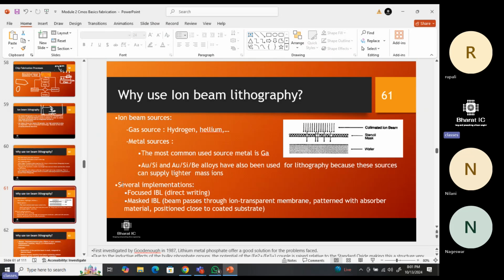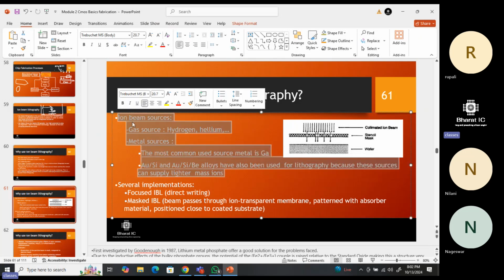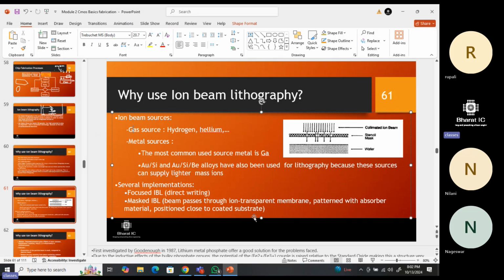These are rare, since the major implementations are the ones mostly used by industry, so you can skip them. You can just say: ion beam sources, gas source, hydrogen, helium, metal source like gallium most used, or alloys like AuSi or AuSiB because they supply lighter ions. That much is enough.